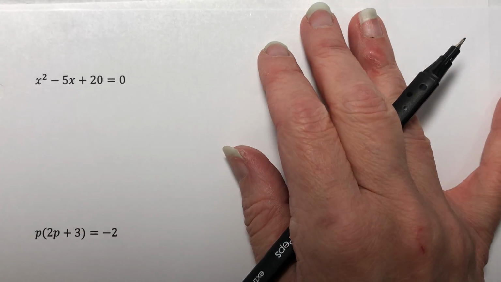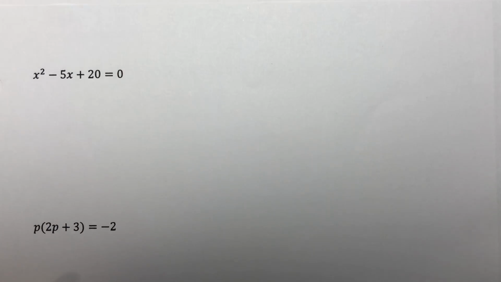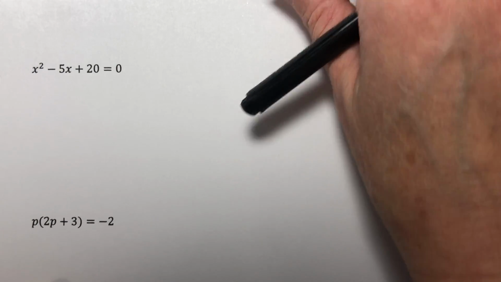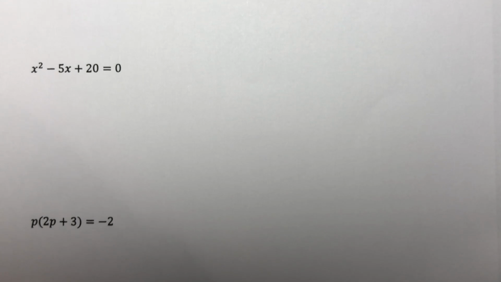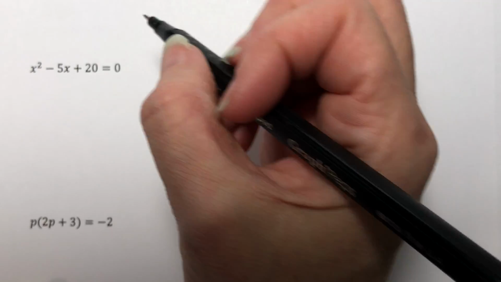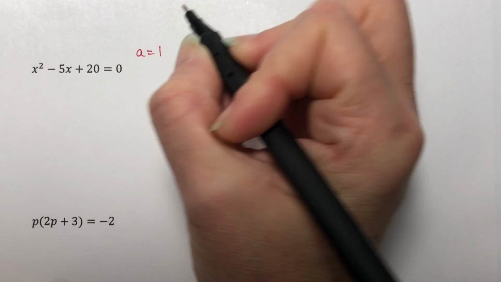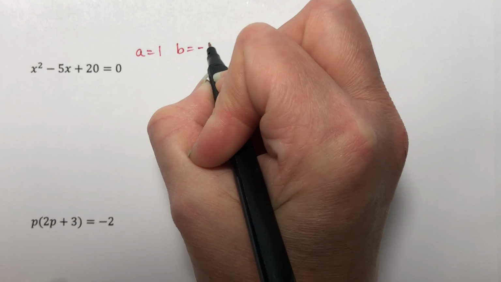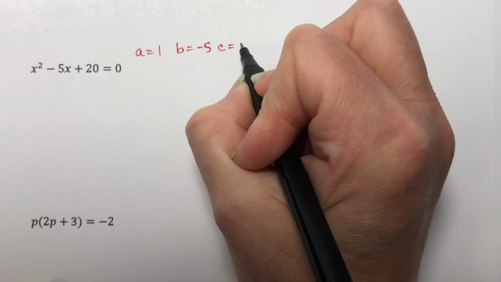Okay. So let's solve x squared minus 5x plus 20 equals 0. We've got our 0 already, which is nice. So our a is going to be 1, our b is negative 5, and our c is 20.